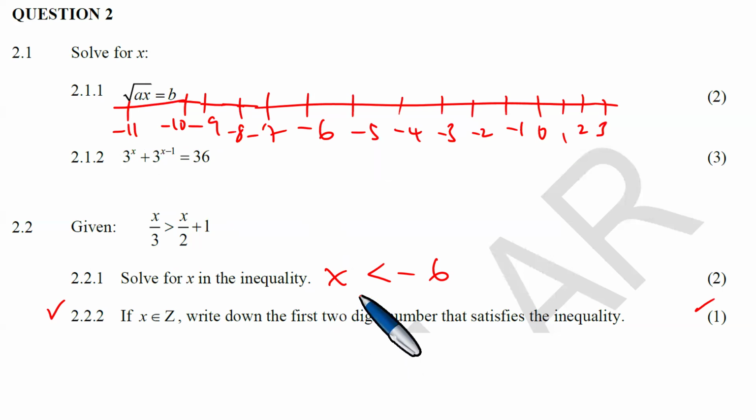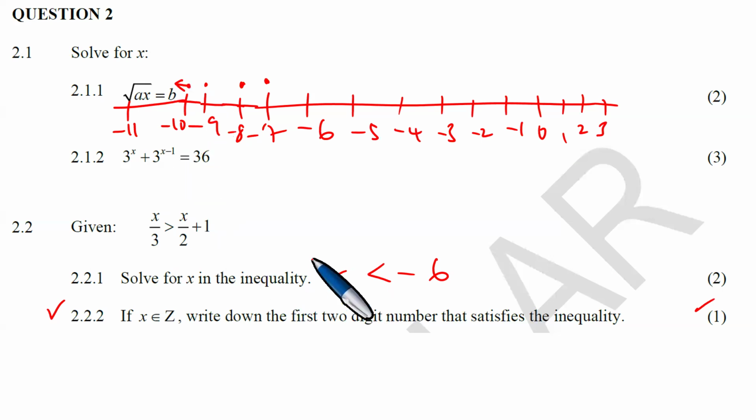Now you're saying x is less than these, but x is an element of what? Of the set of integers. So in other words, you're going to mark the integers like this. And this goes on.